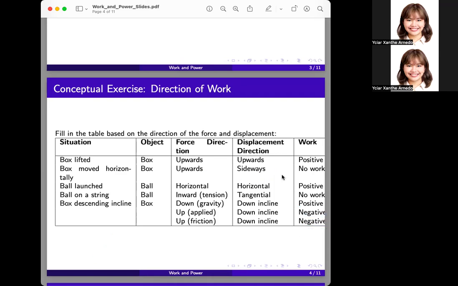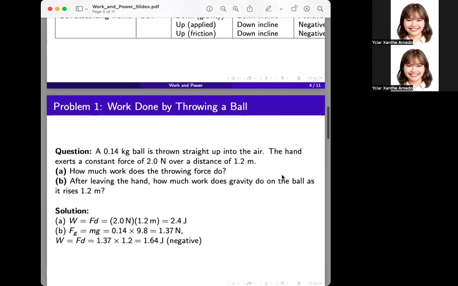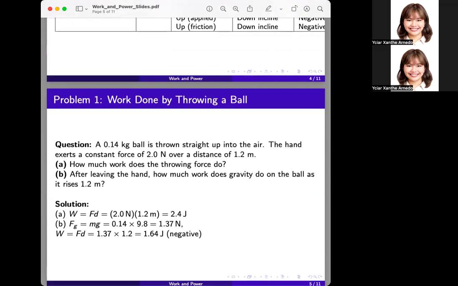All right? Applying what we know and the formula that we have, let's try solving this problem here. A 0.14 kilogram ball is thrown straight up into the air. The hand exerts a constant force of 2 newtons over a distance of 1.2 meters. So what does that mean?